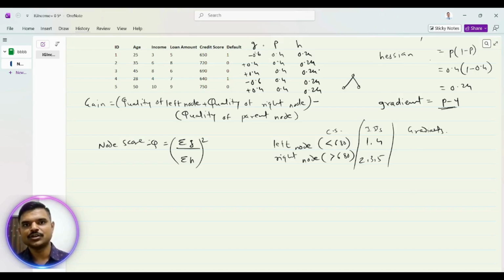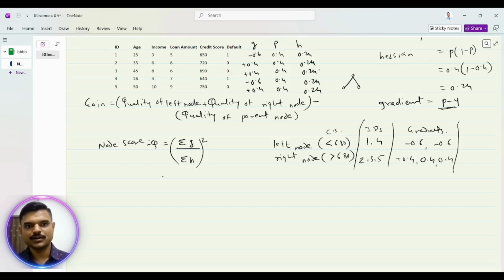You can see this column. So for 1 and 4 it is minus 0.6 and minus 0.6. Here for 2, 3, and 5, it is plus 0.4, plus 0.4, and plus 0.4. Okay, so these are the gradients and their sum.